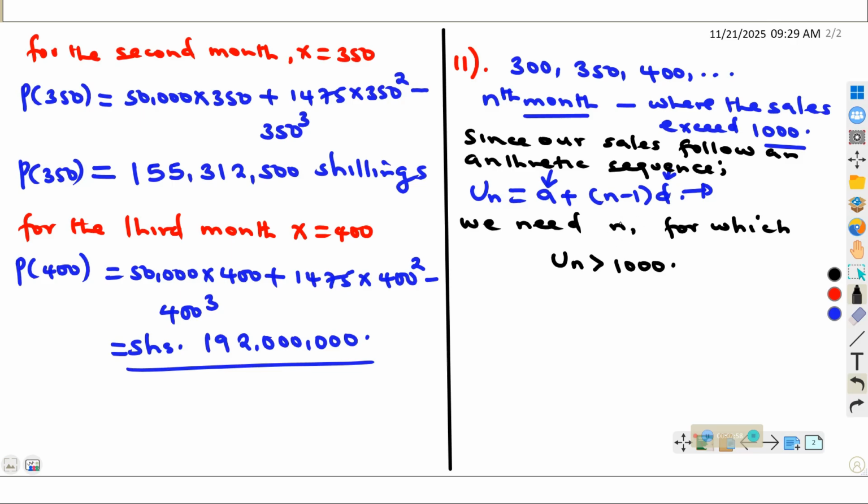We need the month for which the sales will be greater than 1,000.